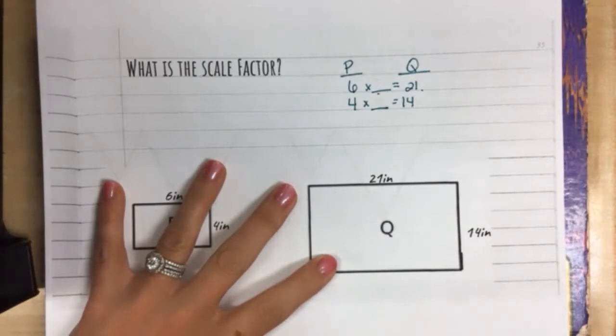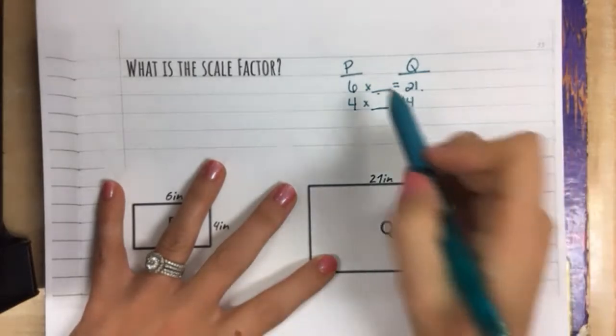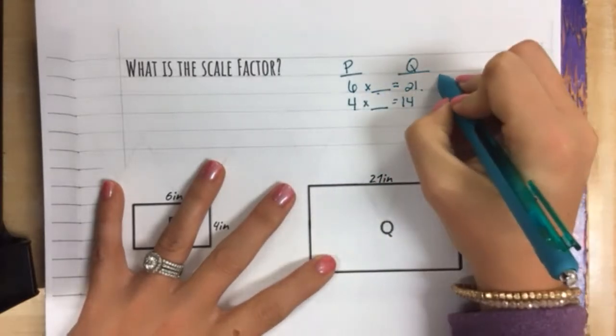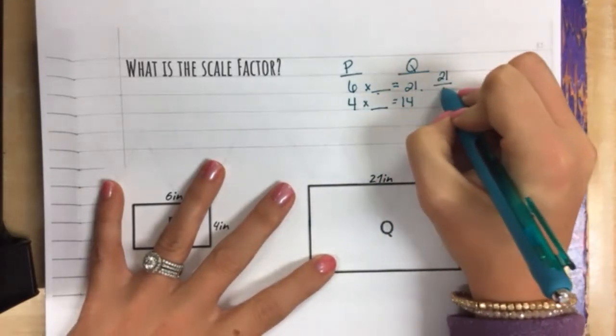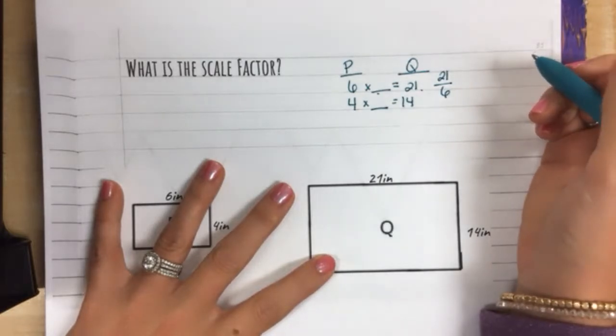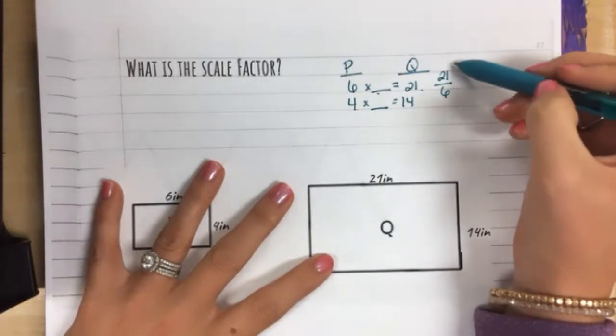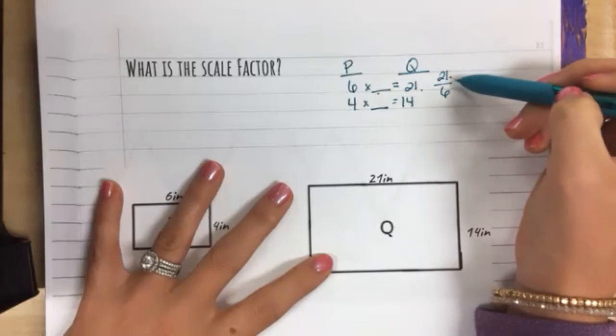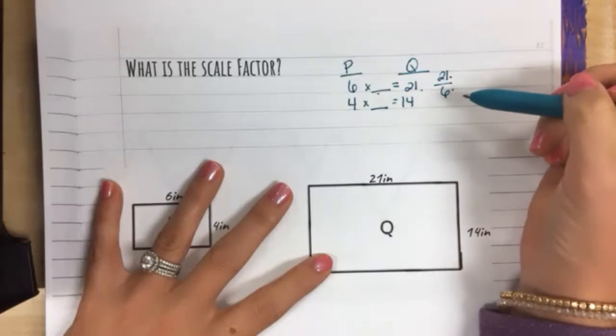So we're going to use this inverse operation. Instead of multiplying 6 times something, I'm going to work backwards. I'm going to say 21 divided by 6, and I'm going to get a number. Now, thinking back to simplifying fractions, 21 divided by something and 6 divided by something. Can I simplify that?